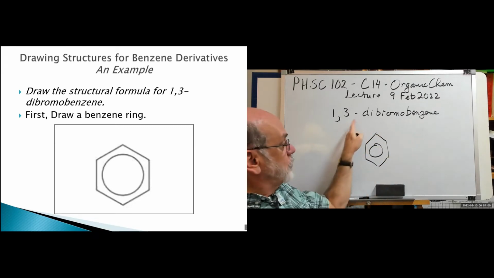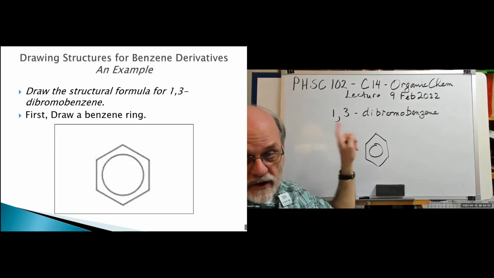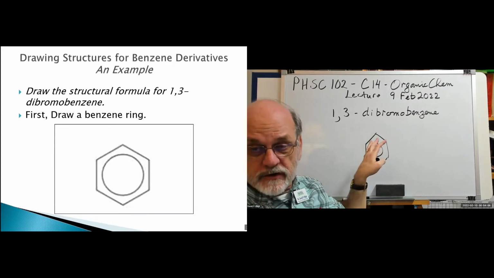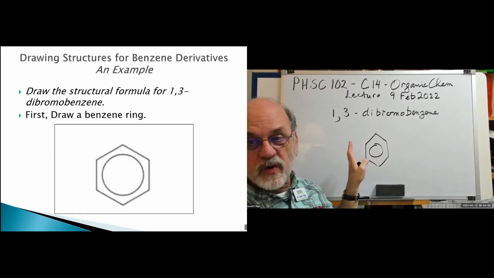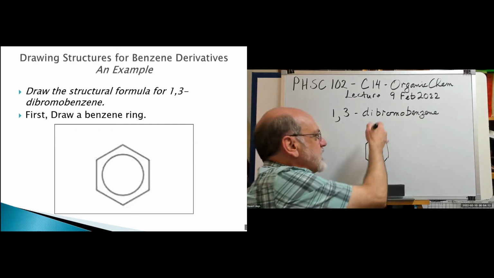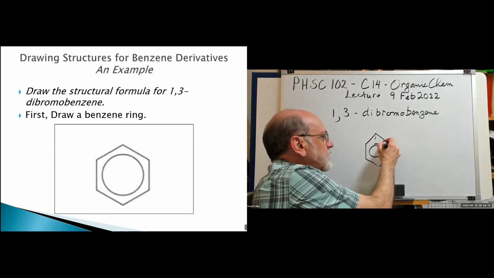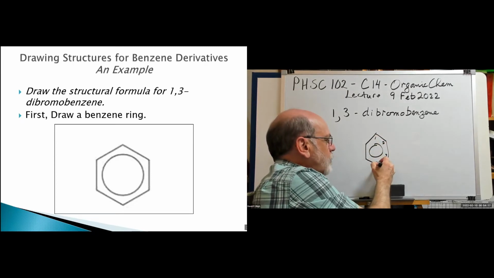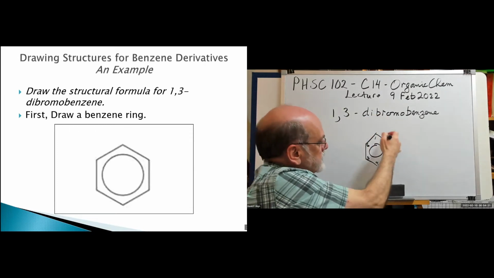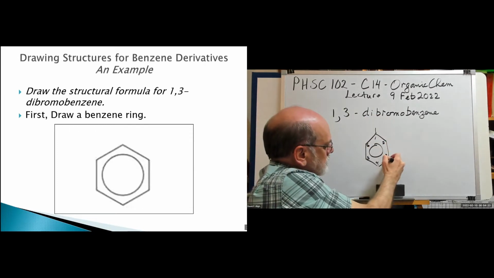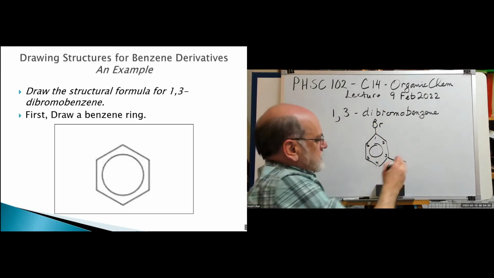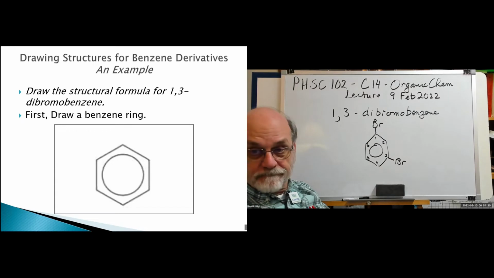And this tells us where those 2 Brs are supposed to go. Now, the way the structure is written now, all of these carbons are equivalent. So you just have to pick a starting point. So if we say this is our starting point for 1, 2, 3, 4, 5, 6, then 1, 3 position, we'll have a bromine right there. Okay.